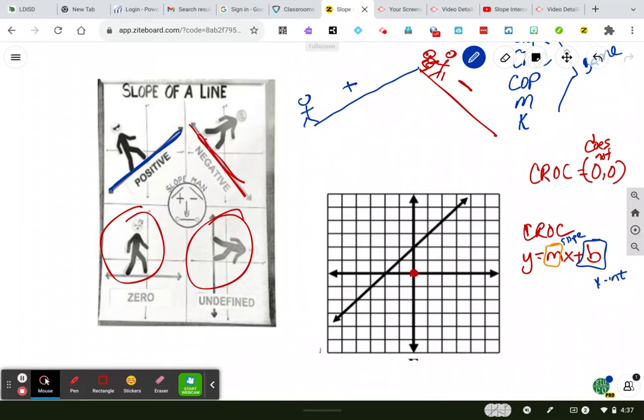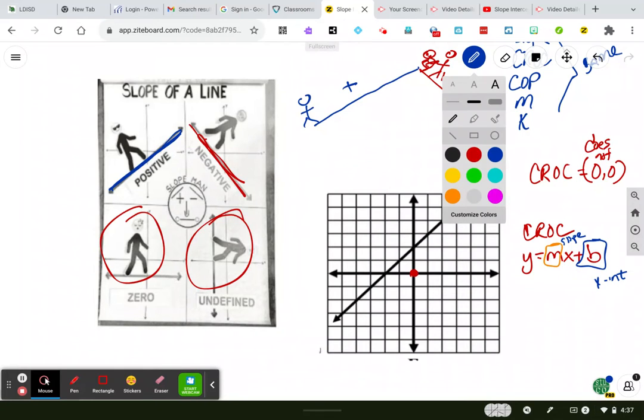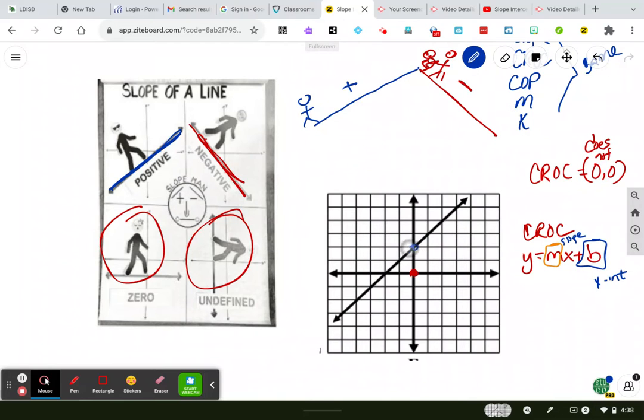And all you've got to do now is look at what is happening on your line. This slope starts right here. We always look at the y-axis first. And when we look at that y-axis, this number right here is 1, 2.